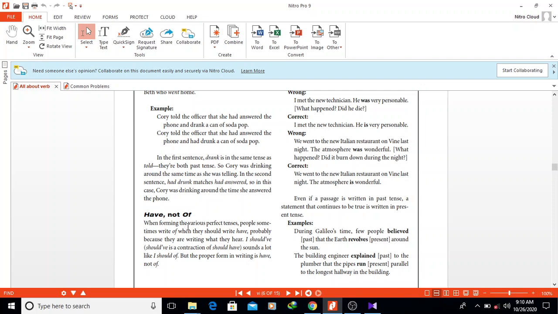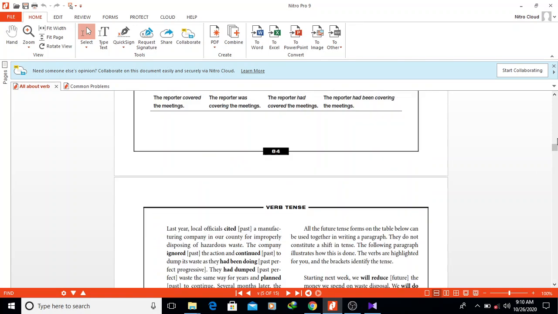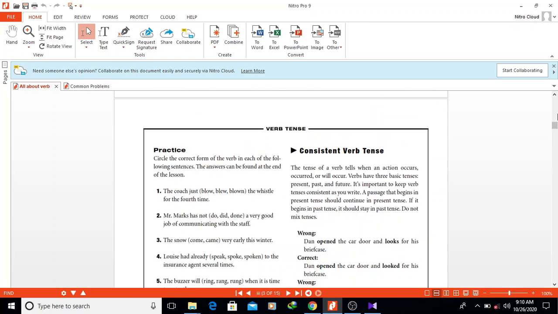Let's move to the other one. You can just read this one. This is about switching verb tense. Previously, I told you about consistency, for example, "Dan opened the car door and looked for his briefcase."